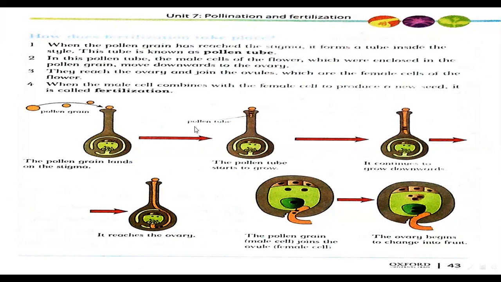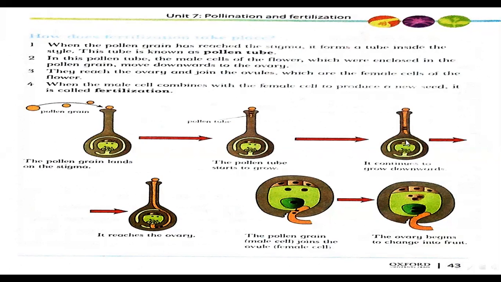Again, here we repeat: when the pollen grain lands onto the stigma, it forms a tube inside the style. This tube is known as the pollen tube. In this pollen tube, the male cells of the flower which were enclosed in the pollen grain move downwards to the ovary.